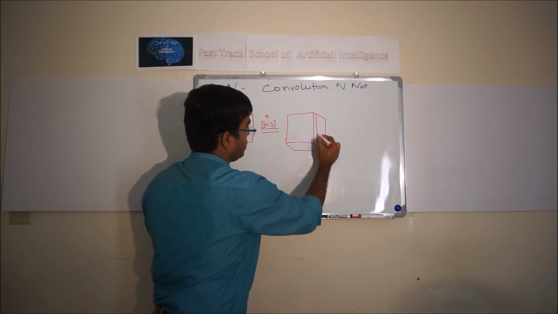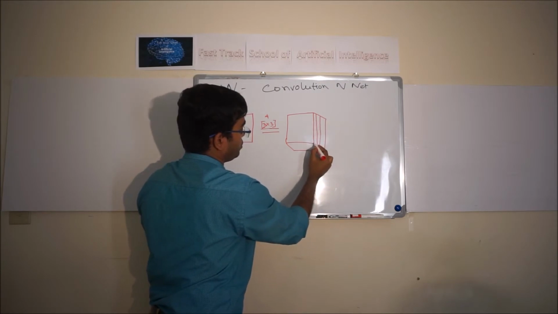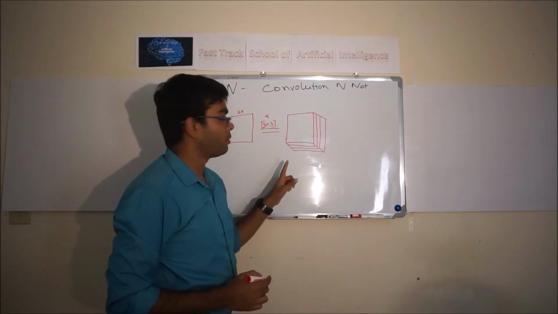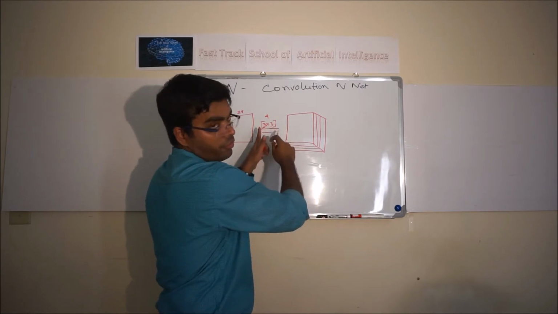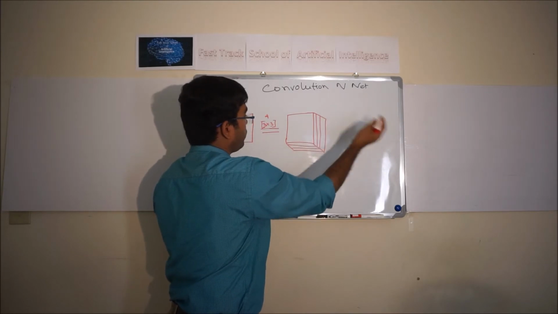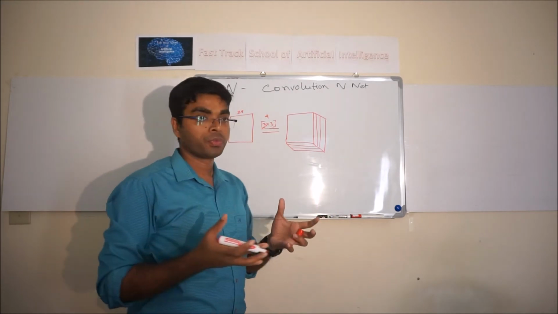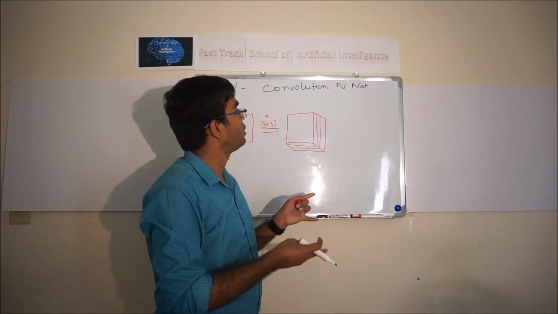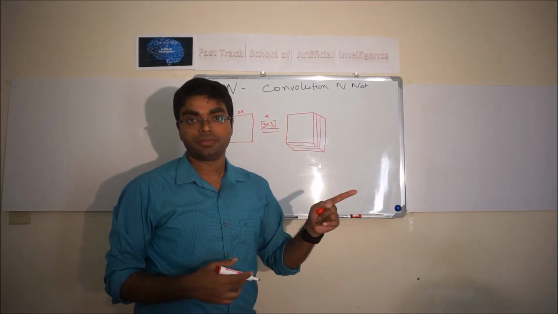Similar size, a total of 4 images will be there. 1, 2, 3, 4. Let's assume these lines are images. Total 4 images will come. And in the next layer, if you are using similar filters, number 4, each of these will create another 4 layers. So that will have a total of 16 different images, which will try to learn different kinds of features. This particular concept is called convolution operations, and that is done through a convolution neural network.